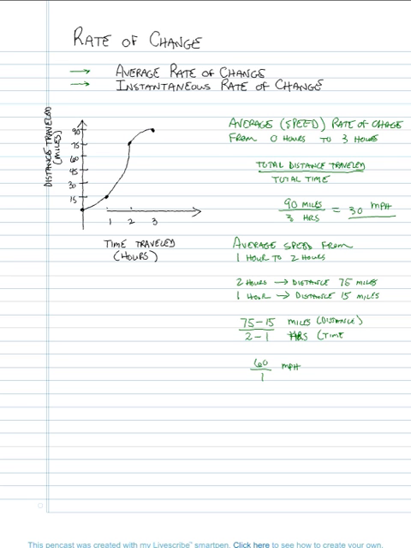So between 1 and 2 hours, the average speed was 60 miles per hour. You get that point. Of course, we could also calculate from 2 hours to 3 hours. We actually traveled from 75 miles to 90, so that difference is 15, and that's another hour. So it would have been 15 miles per hour from hour 2 to hour 3.